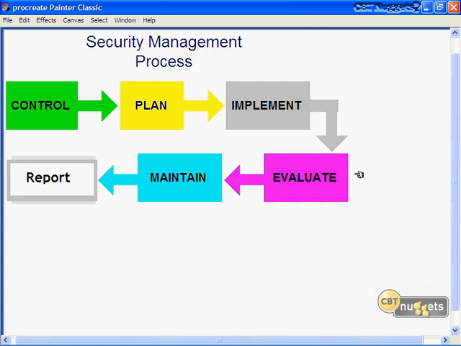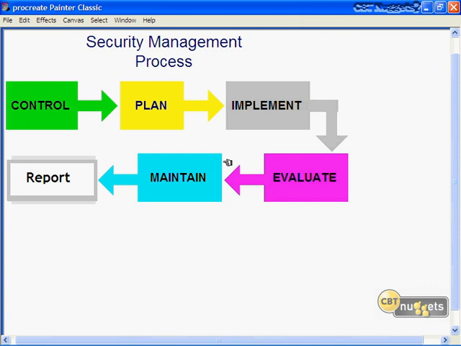There's 3 forms of evaluation that are done here: self-assessments, internal audits, and external audits, which are conducted by objective third parties. Once the evaluation process is complete and you've approved the security management initiatives, you can then move to the maintain aspect or maintenance.